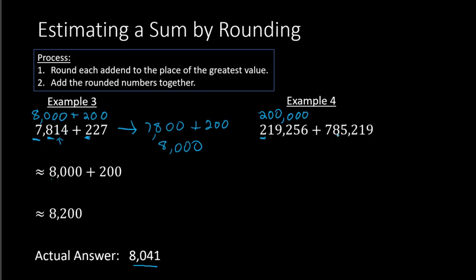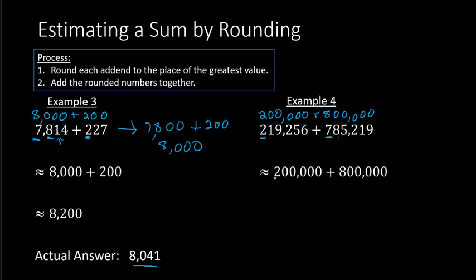And then the second number, 785,219, we are going to round the first digit, and we do that by looking at the 8. Because 8 is 5 or bigger, the 7 would round up to an 8, and the numbers after would all be zeros. So what we have is 200,000 plus 800,000.